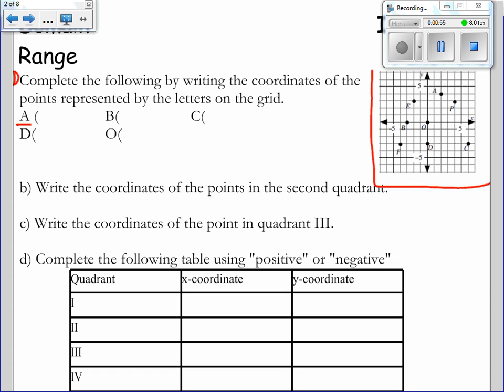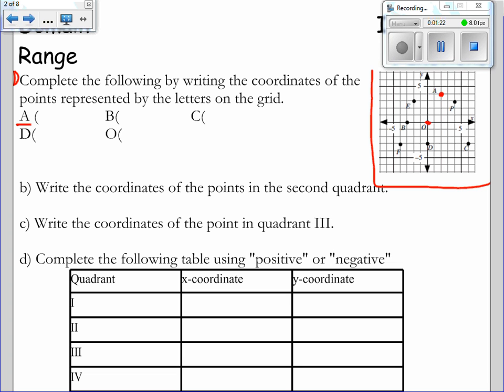So you come over to your grid, you find point A, it's over here. To figure out how to describe it, how to find the coordinates for it, you always start at your origin, which is the very center, and you count however many steps to the left or right you need to get so that you're right above or below the point.